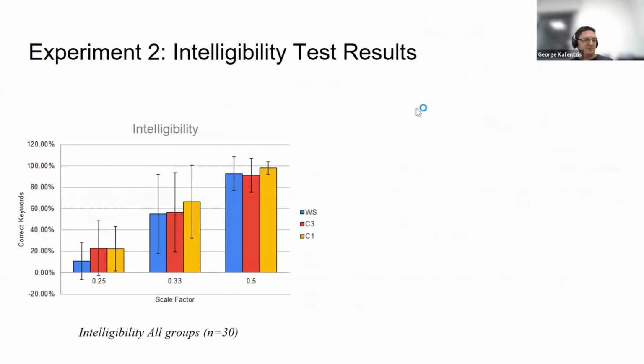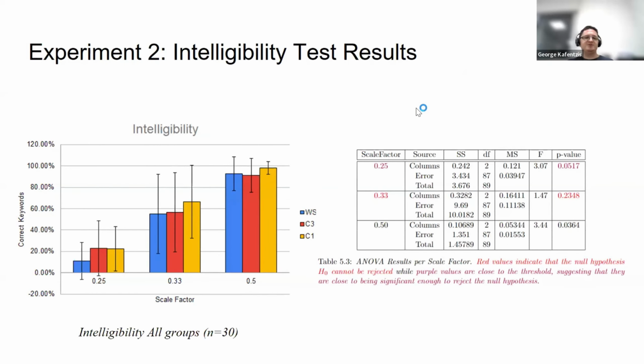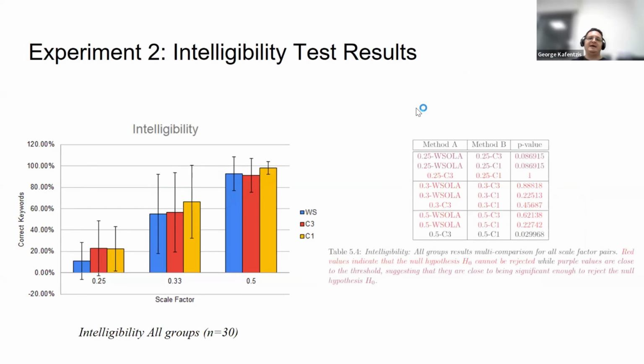Now everything was less clear. There was no statistical significance between the 3 methods for some scale factors that we tried. There was no clear image of what's going on. In some scale factors, there was a preference, in others, there wasn't. And as I said, statistical significance was not there.